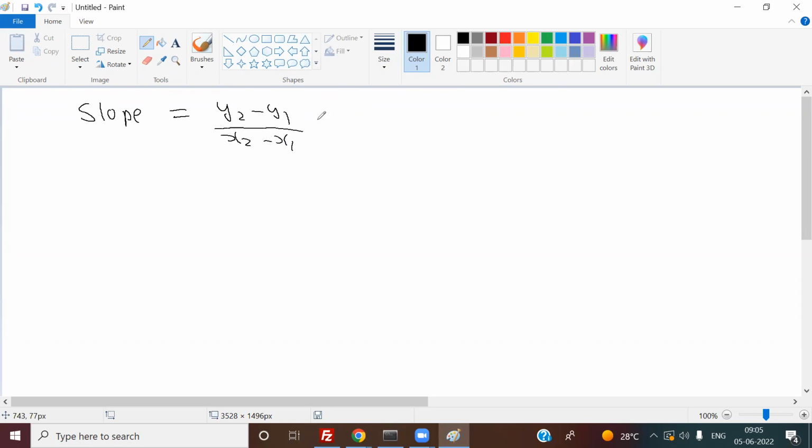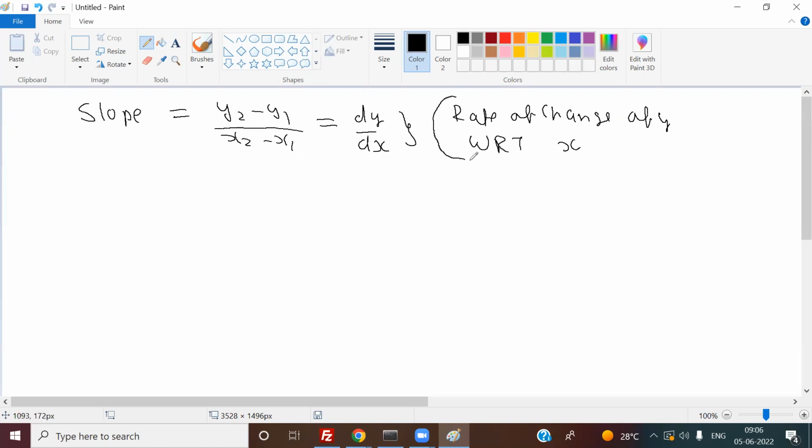This slope is also denoted as dy by dx, which in simple terms is the rate of change of y with respect to x. If you change x, how much y is going to change? That is nothing but your slope.